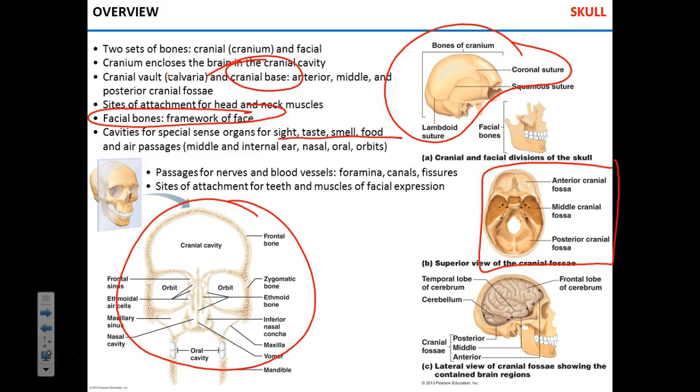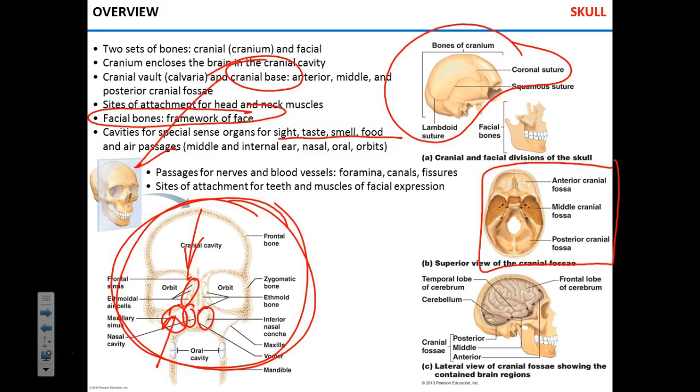We do not cut it here, but if you make a coronal section of the skull, like shown here, you will see that in addition to those cavities that are quite observable, like orbits or oral cavity, there are sinuses: maxillary sinus, frontal sinus, ethmoid sinuses.